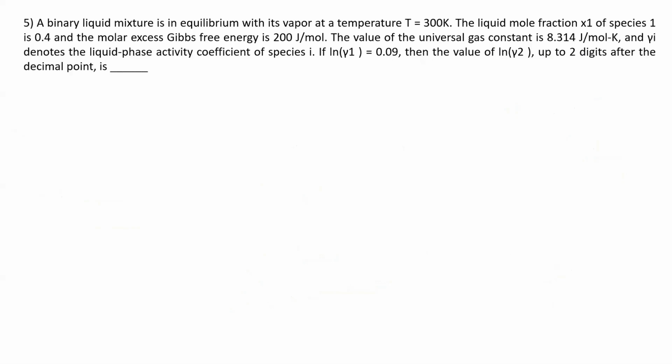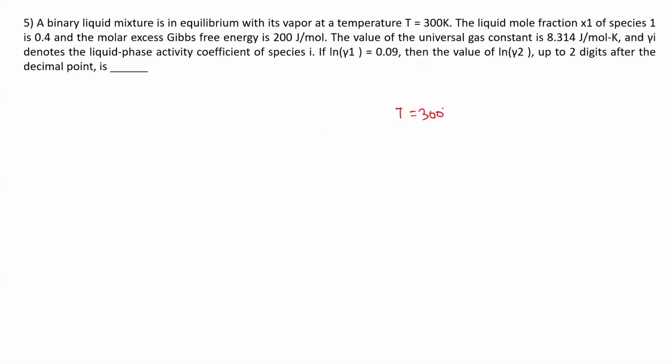The fifth question: a binary liquid mixture is in equilibrium with its vapor at a temperature of 300 Kelvin. The liquid mole fraction X1 of species 1 is 0.4 and the molar excess Gibbs free energy is given.